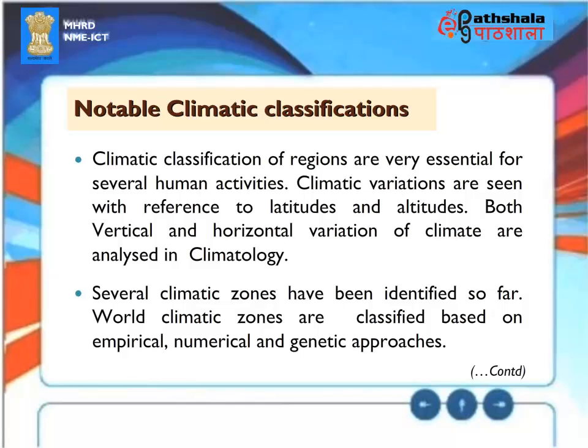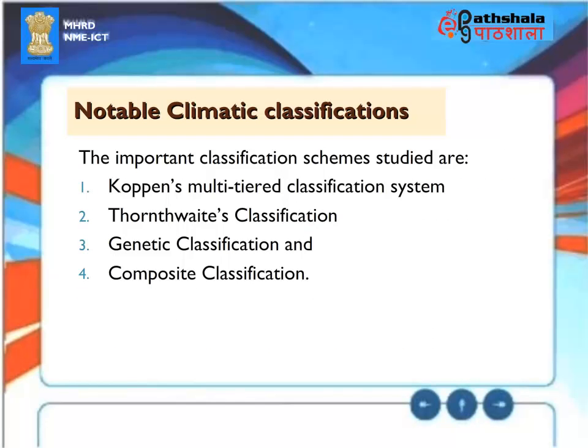World climatic zones are classified based on empirical, numerical, and genetic approaches. The important classification schemes studied are Köppen's multi-tiered classification system, Thornthwaite's classification, genetic classification, and composite classification.